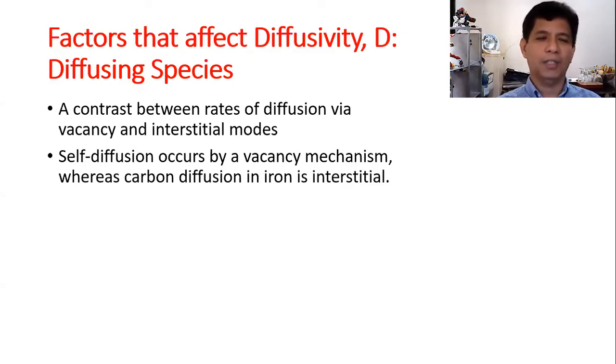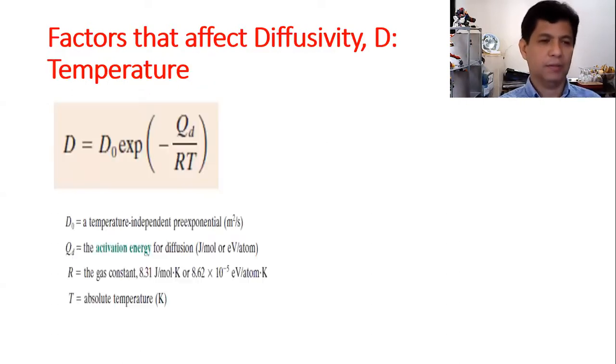Mabagal lang yon kasi hindi palaging available yung vacant space. Di ba? So, self-diffusion occurs by vacancy mechanism, kaya mabagal. Whereas carbon diffusion in iron is interstitial, kaya mabilis. Okay? So that's one factor regarding diffusivity, diffusing species.